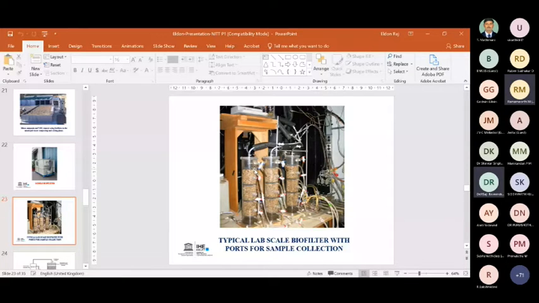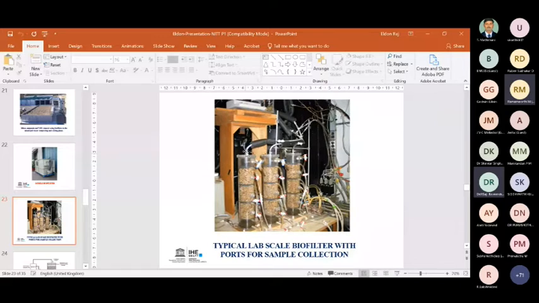And when you closely look at this photograph, you can see that it has a lot of sampling ports, as well as ports to collect the biomass. The reason for having such a large number of ports over the bed height is we want to know which section of the filter bed is removing the maximum amount of pollutant.